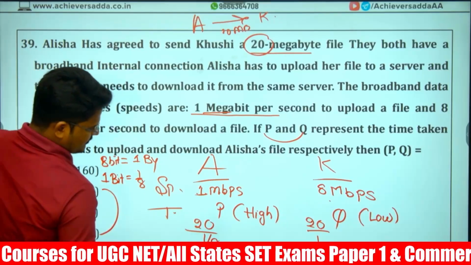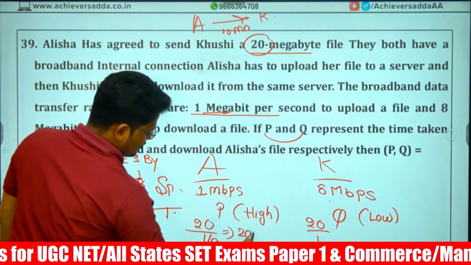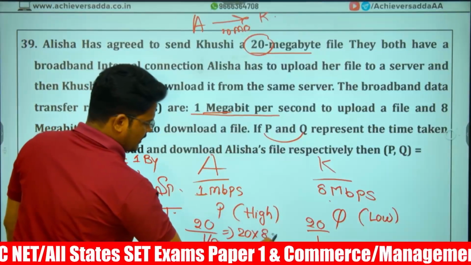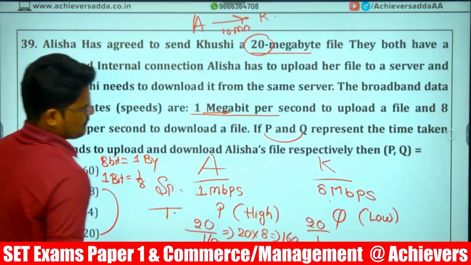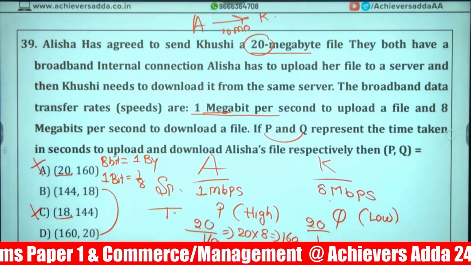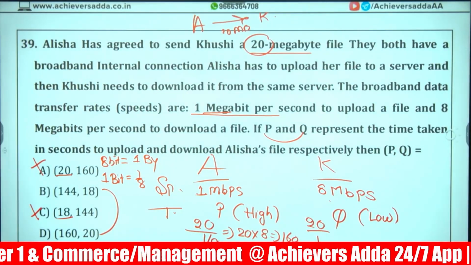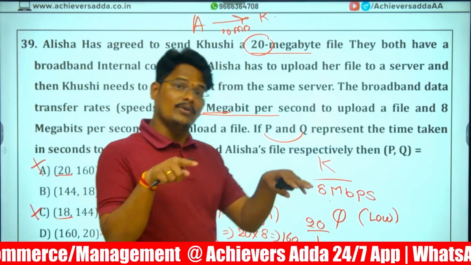So the speed will be 1 by 8, 20 into 8 will be 160 seconds it will take.